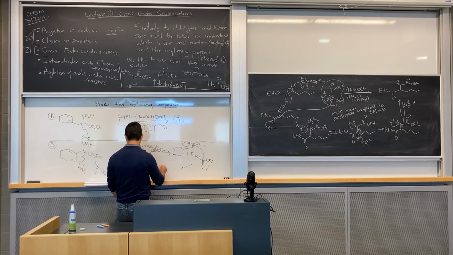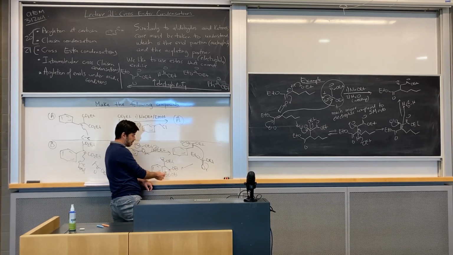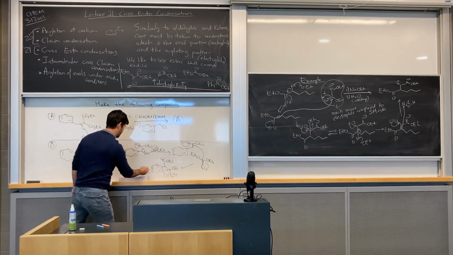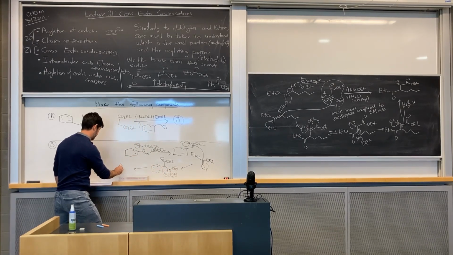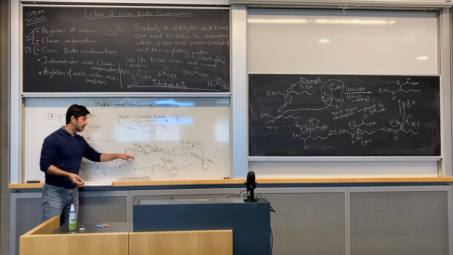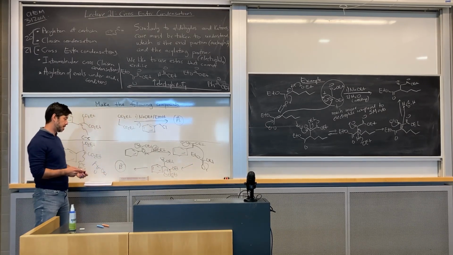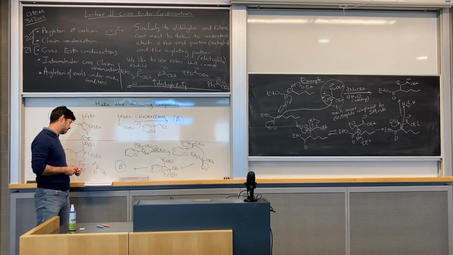So I'm just showing you the mechanism. Okay, so you have this carbon with an O- tetrahedral intermediate, OEt, OEt. This comes down, kick off one of them, they're both the same, and you generate product B. So with this one here, you can actually mix this compound with this compound together with base, and that will give you the desired product.